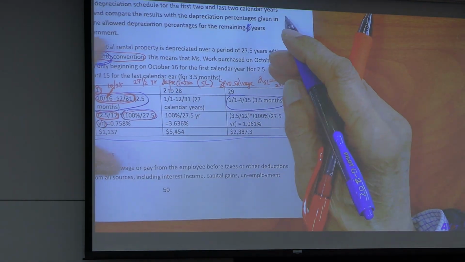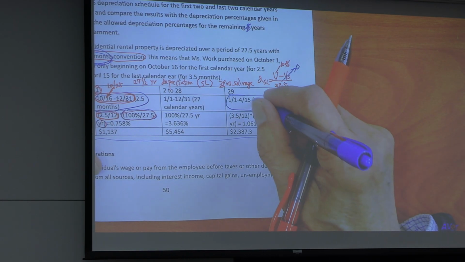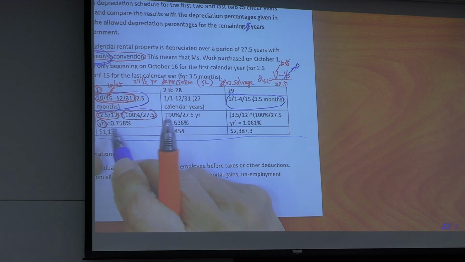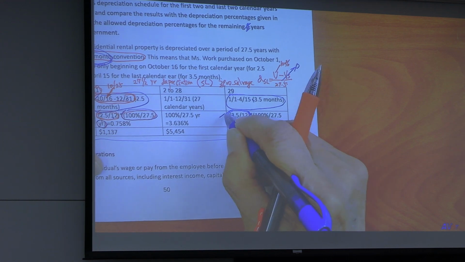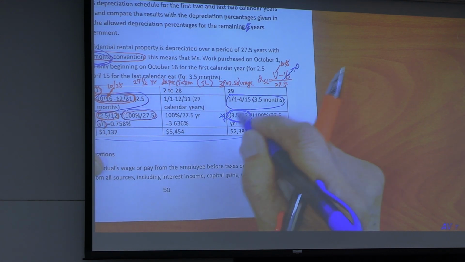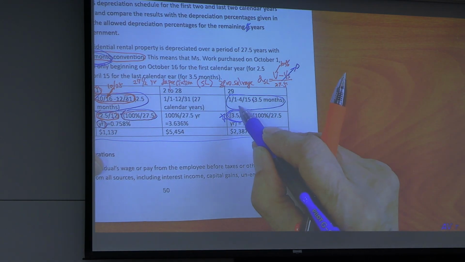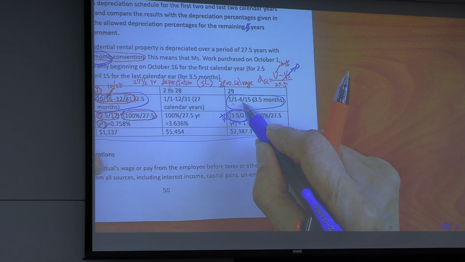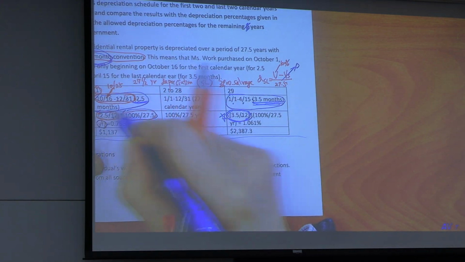Now let's go to 29. You want to make up to 27.5 years. This is 2.5 years, 2.5 months. Here you need 3.5 months. Sum is half a year. That's why year 29, January 1st to April 15. 3.5, 2.5.